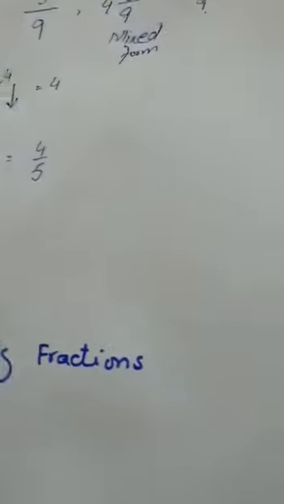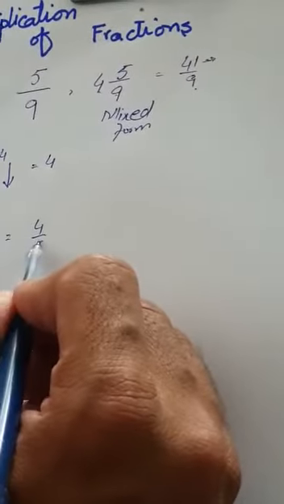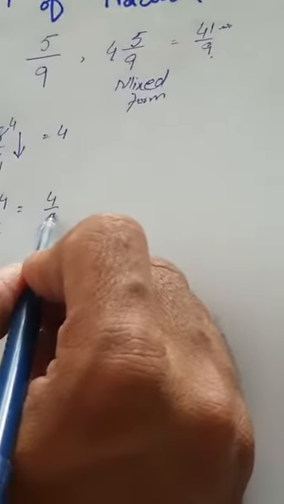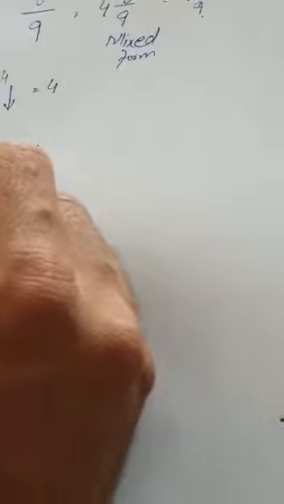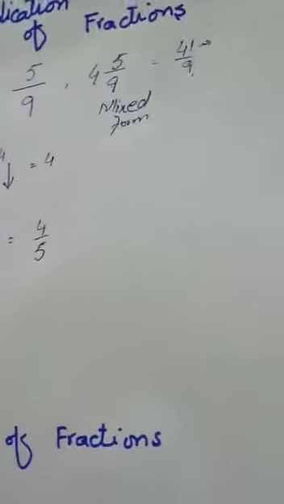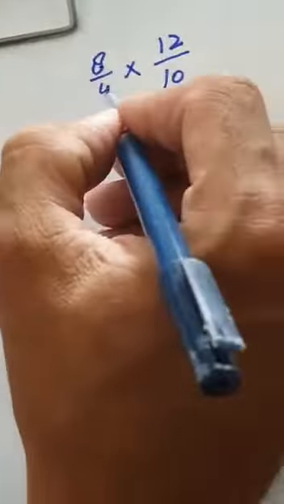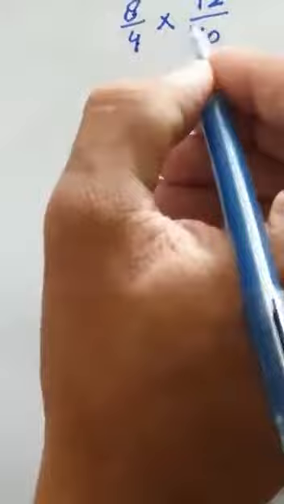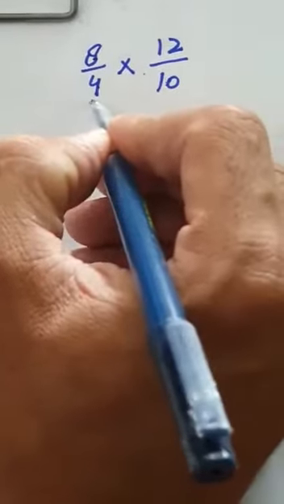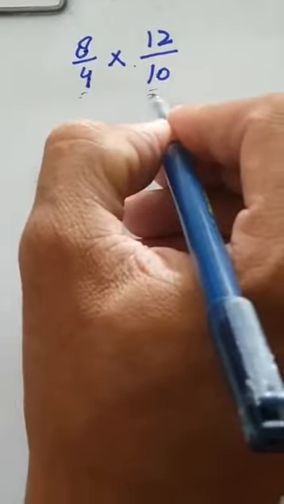Our today's lecture, multiplication of fractions, is related to this thing. We can cut the different kinds of fraction. Suppose I have written a question here. We are given 8/4 multiplied by 12/10. As you can see, these are two different fractions and we want to dissolve these fractions.